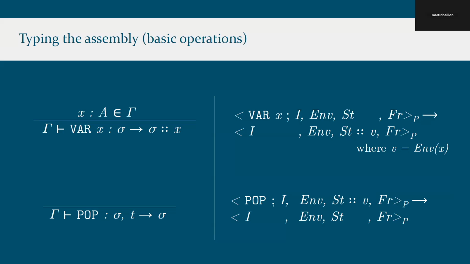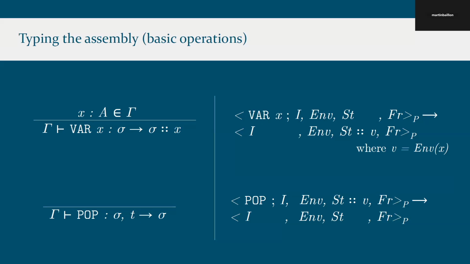And operationally, it really reflects this: if my instruction is var x and then something else, then I remove the top instruction, I fetch a value from the environment according to x, and then I move on. And a similar thing goes for pop. I am using some different symbols here, but the type of pop is that if you have some term on top of the stack, then it's gone. And as shown here, it's like this.